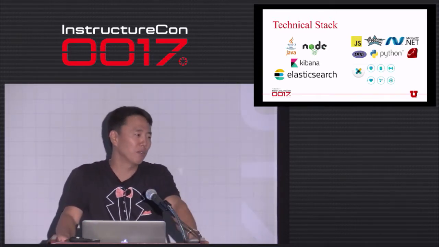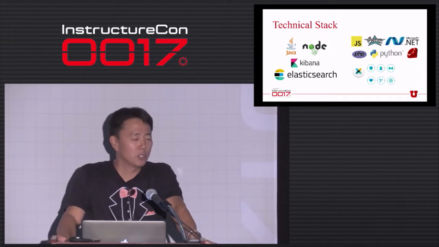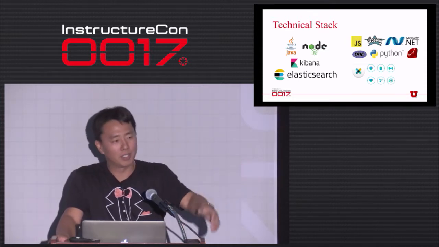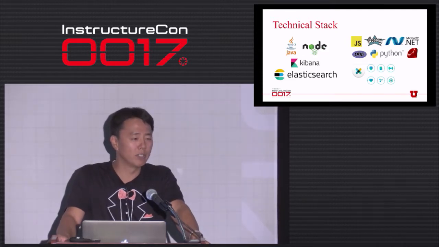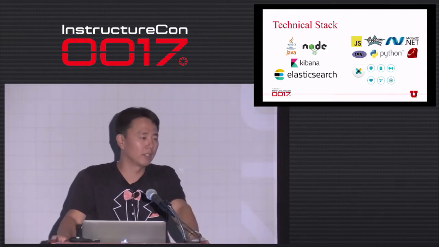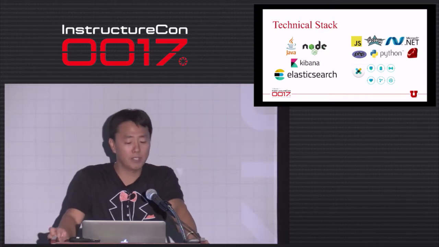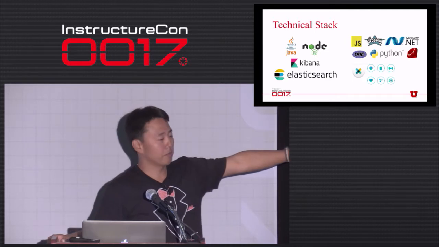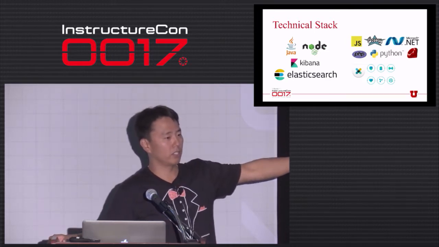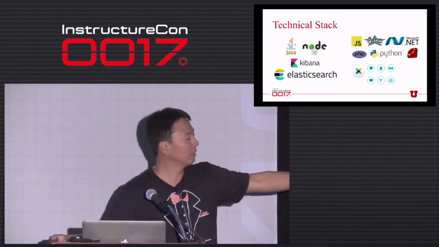Just 2 weeks before, we started the first week with a little background on JavaScript, and then just a week before, we built that web search interface based on Node.js. And Kibana, as I just mentioned, is the Elasticsearch helper tool.